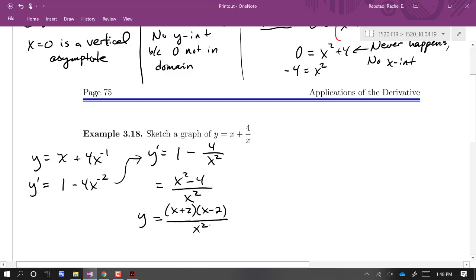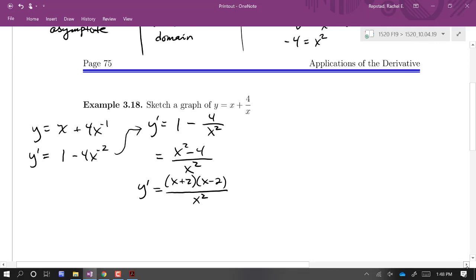That's something we can make a sign chart for, right? We'll have a row for each of those factors that appears in the top and the bottom, and then the last row for the derivative itself.